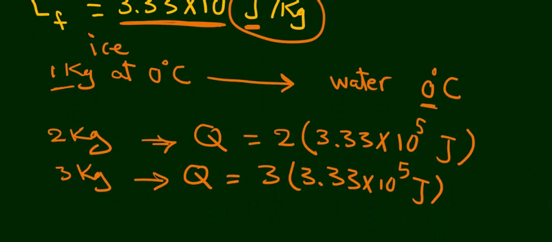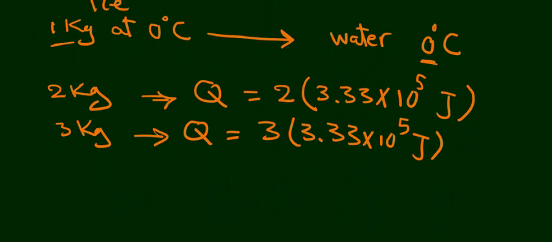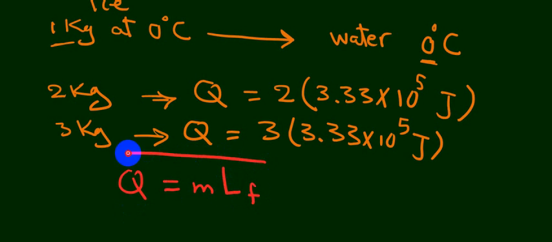So here we have Q equals mass times LF. Q equals the mass times latent heat of fusion. If you have 100 kilogram, 100 times the latent heat of fusion, and so on.